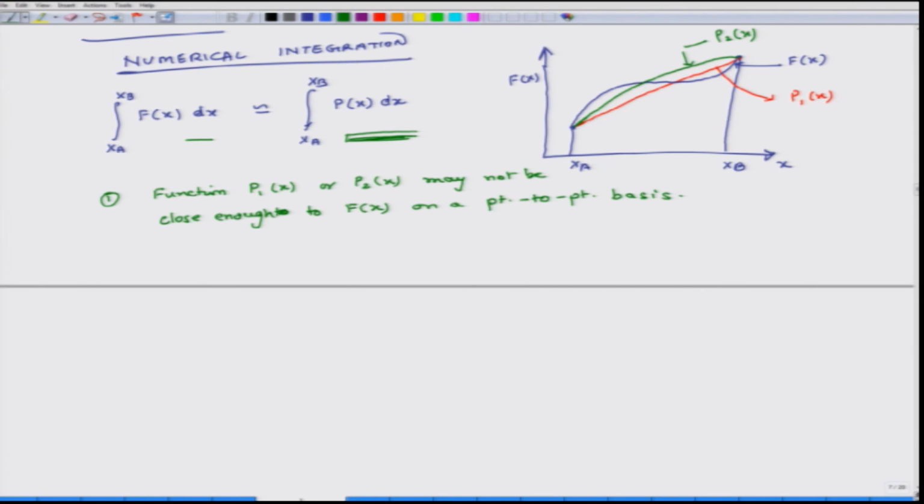On a point to point basis, this red line and purple line may not be close. They have the same points at a couple of places, but at other points there is a significant variation.